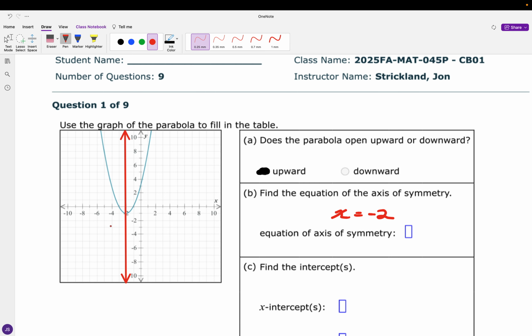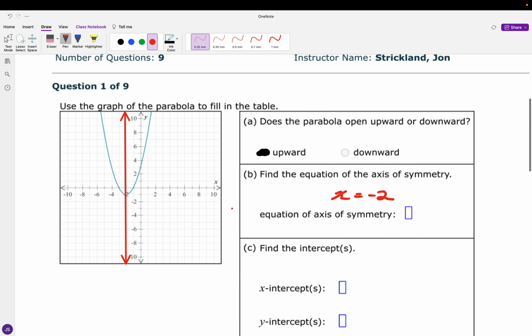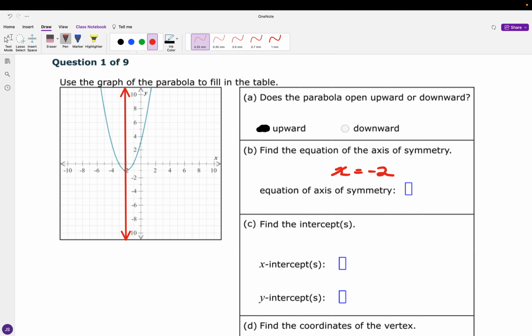And in the case of the intercepts, the x-intercept is where the graph crosses or touches the x-axis, and the y-intercept is where the graph touches or crosses the y-axis.